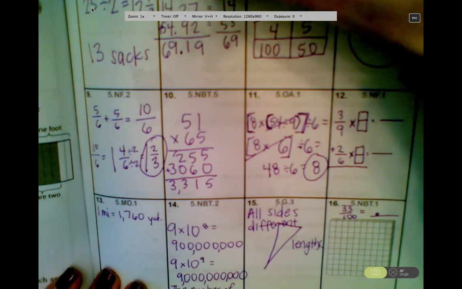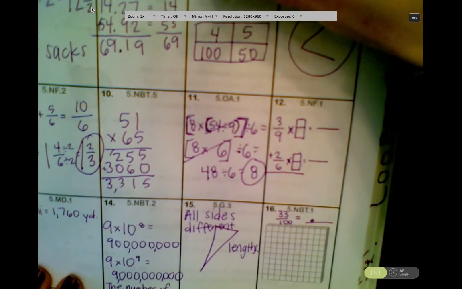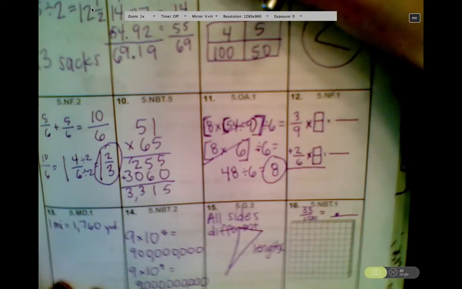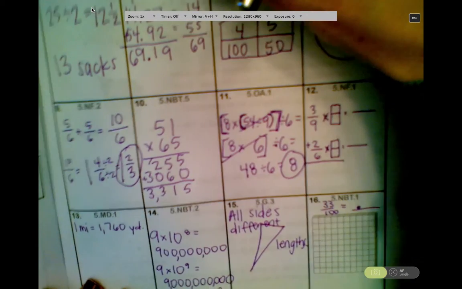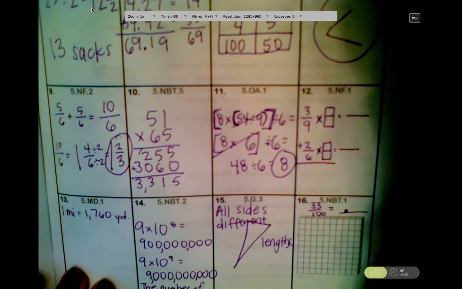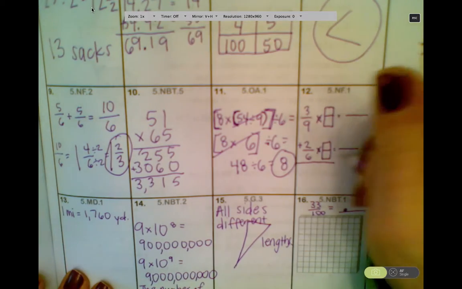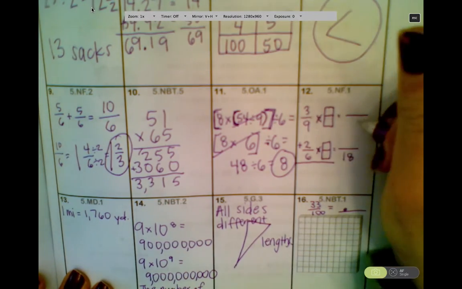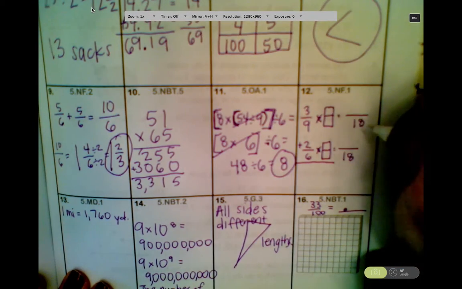Number 12, you're adding fractions, but they do not have the same denominator. So what you have to do is find a common denominator. So I'll tell you right now that 18 is the lowest common multiple.